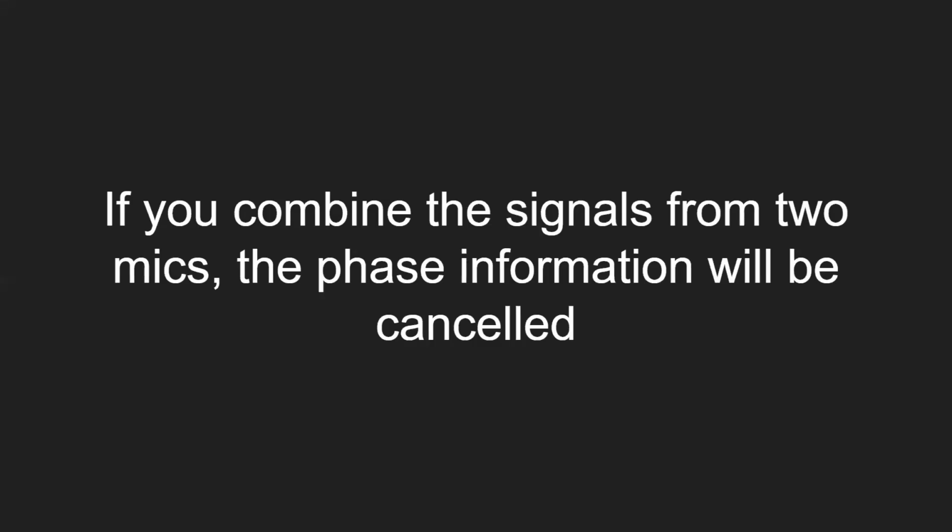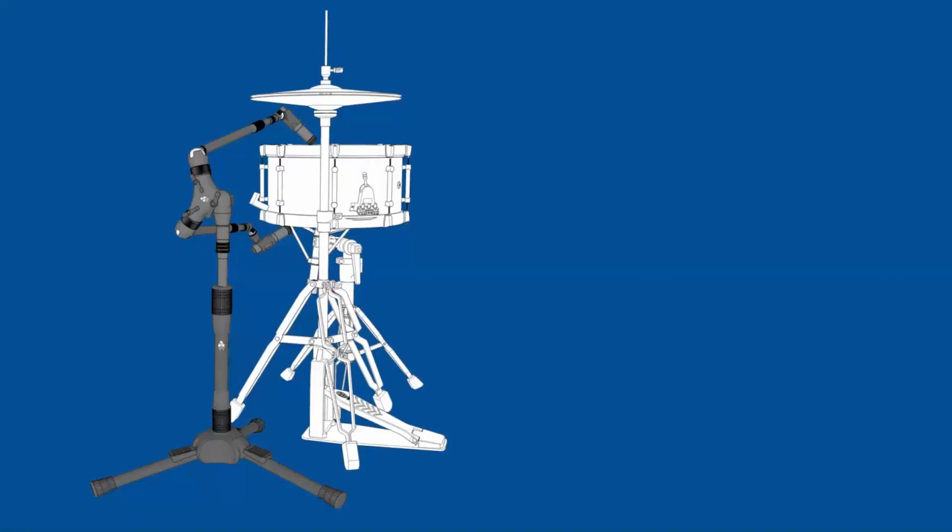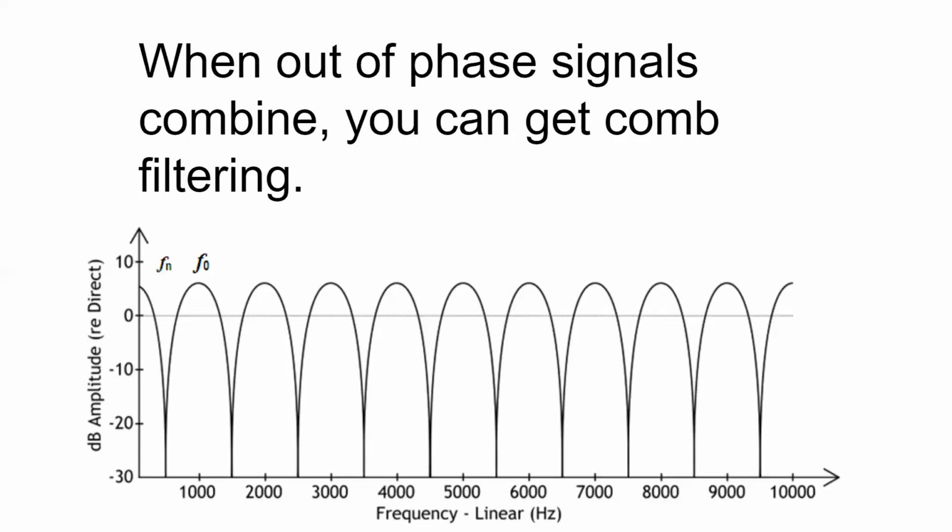The problem is, if you combine the signals from those two mics, all the phase information is going to get canceled. And so, like I said, if you have this mic on the top and bottom of the drum and you add them together, you're not going to hear very much. And what you're going to get is comb filtering. So at certain combinations, these frequencies are going to cancel.